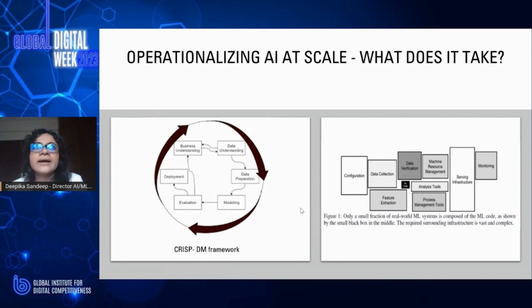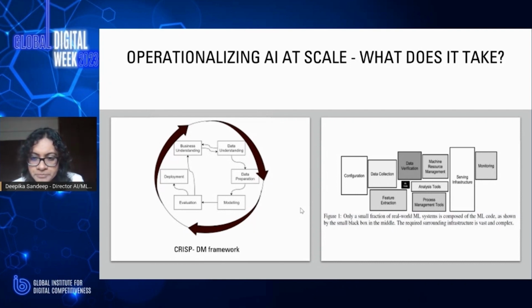So making sure that the quality of data is good, analysis tools, the infrastructure, and monitoring. So monitoring would also include the CI/CD pipelines, the continuous learning of the AI systems, etc.